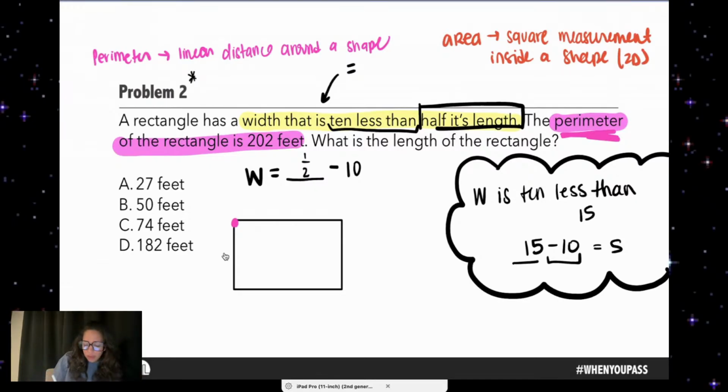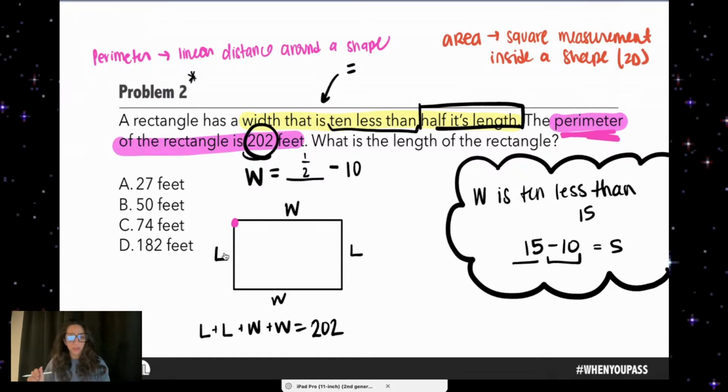So I know that we have a length and a width, and a length and a width. So L plus W plus L plus W has to equal my perimeter, 202, right?